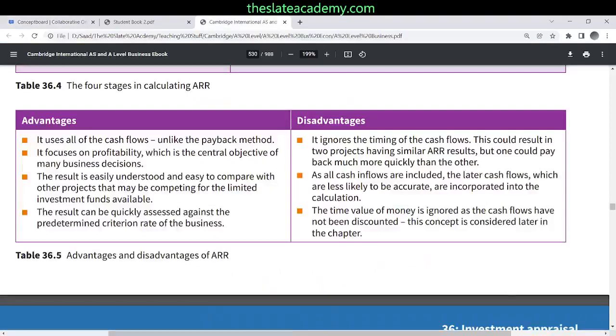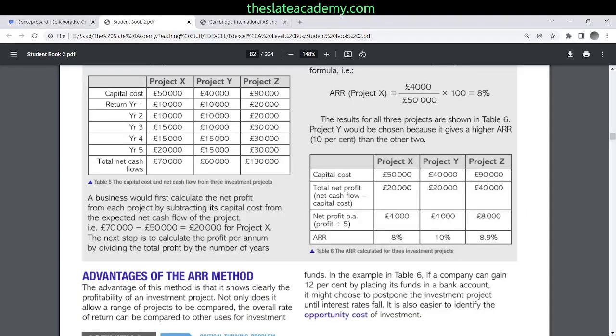Okay, first you add the, Amar, tell him. Okay, so you see the total net cash flows. For project Y it's 60,000 and the capital cost is 40,000. So you subtract 40,000 from 60,000, you get 20,000, and then that value you divide by the number of years, which is 5 years, you get 4,000.